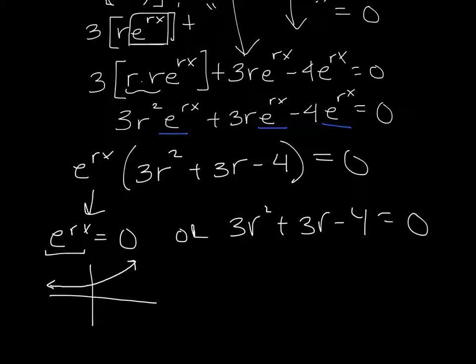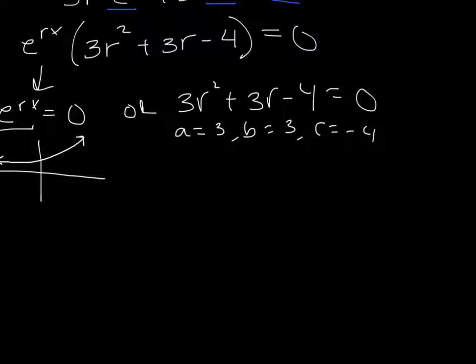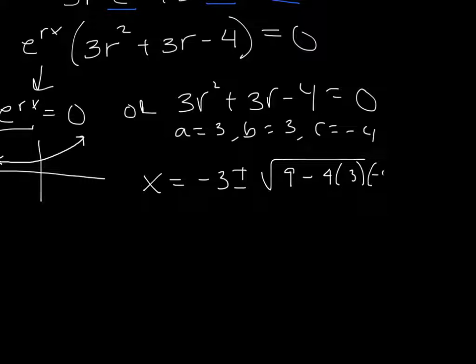So here we can just use the quadratic formula, where a is 3, b is 3, and c is -4. And so x equals -3 plus or minus the square root of b squared, so that's 9, minus 4ac, over 2a, which in this case is 6.